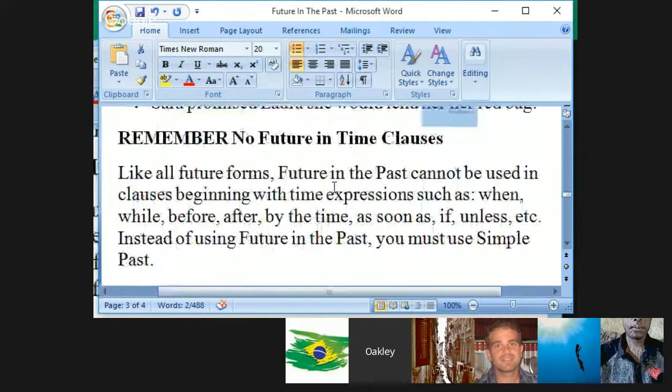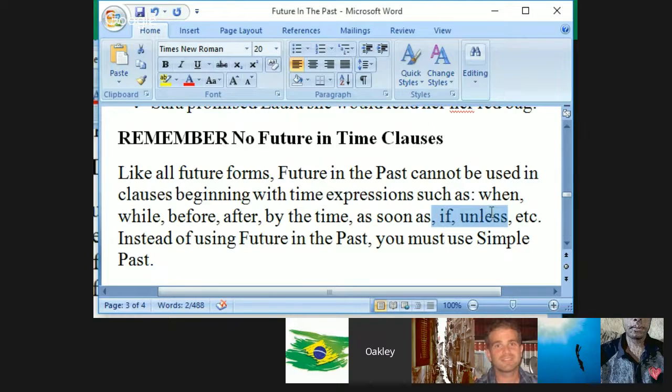Okay. Important point here. And this goes for all of English and all future tenses, including future in the past. All future forms, that is to say future simple, future perfect, future continuous, future perfect continuous, all passive future tenses, and future in the past, can never, ever be used in clauses which begin with time expressions or subordinators, like when, while, before, after, by the time, if, unless.